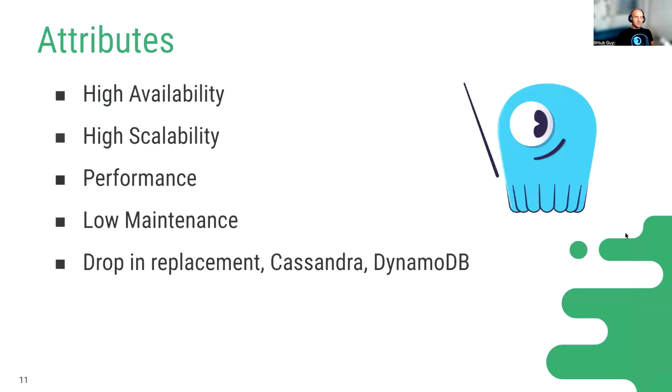Okay, so ScyllaDB, the company started about 10 years ago. The database was written from scratch in C++, very close to the hardware, with performance in mind. Some of the attributes of ScyllaDB are high availability. So it's a distributed system.